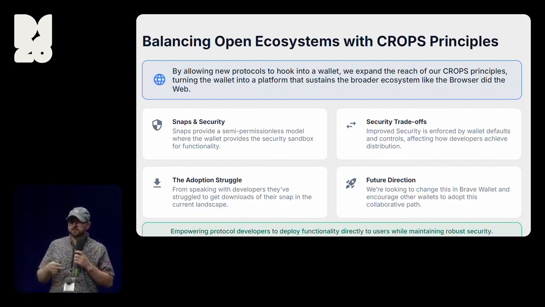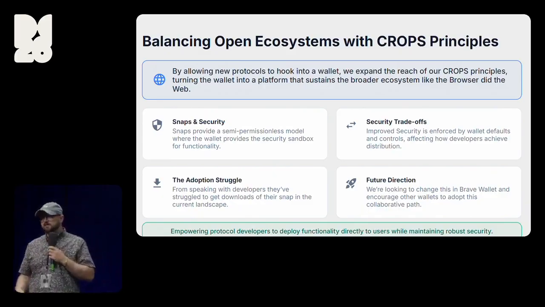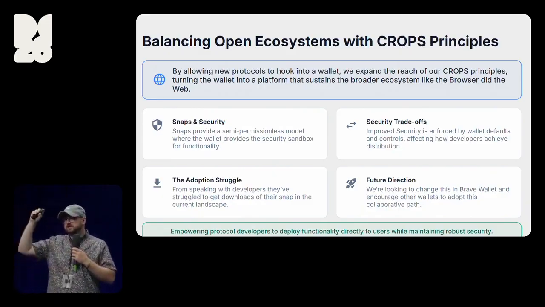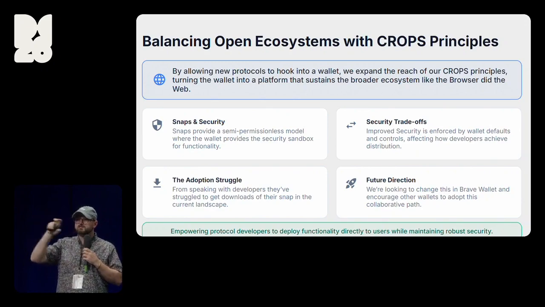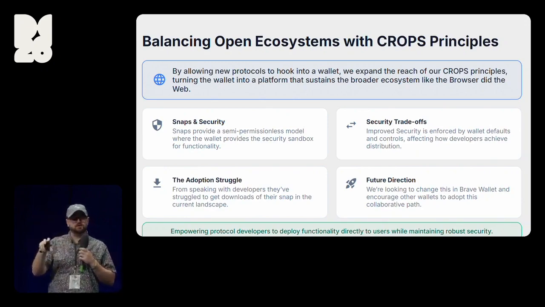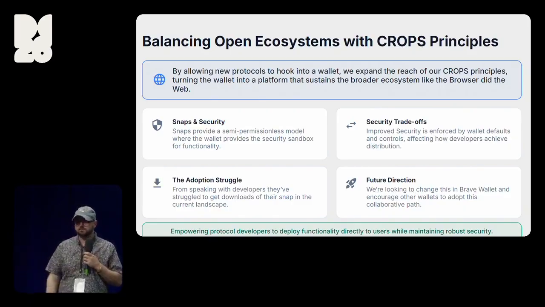There are security trade-offs that come into play. As soon as you build in the extension model of any sort of paradigm, and this happens within a browser as well, essentially the extension becomes trusted in a way that could be manipulated. So if you download a malicious extension, that can become a problem.